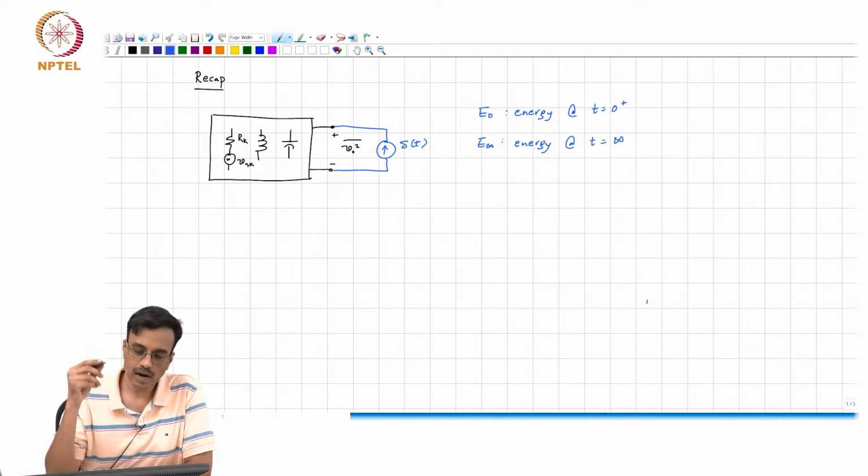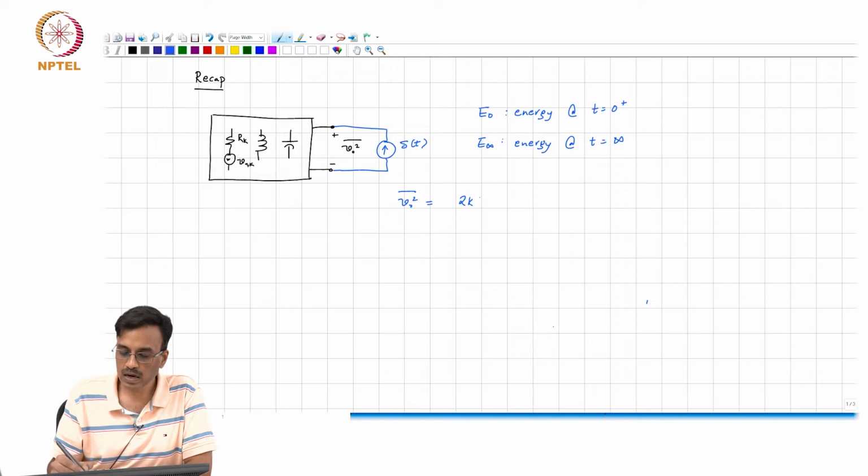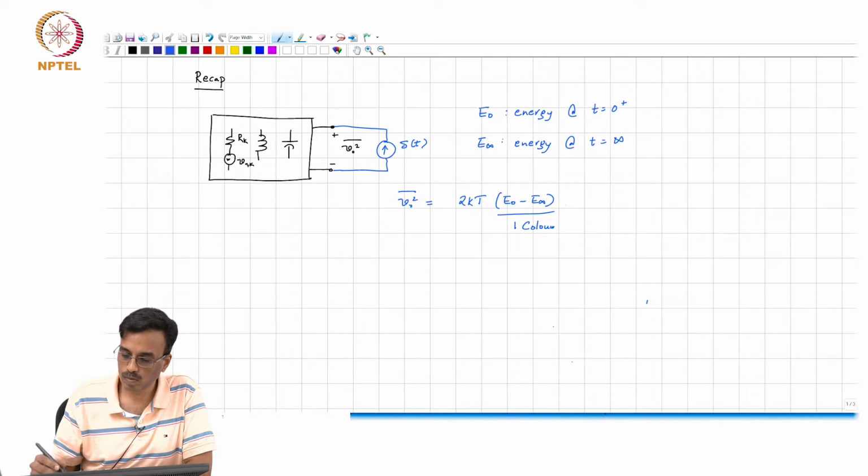We said that the mean square noise is nothing but 2kT times (E0 minus E infinity) by 1 coulomb squared. I hope I got the spelling of coulomb right.